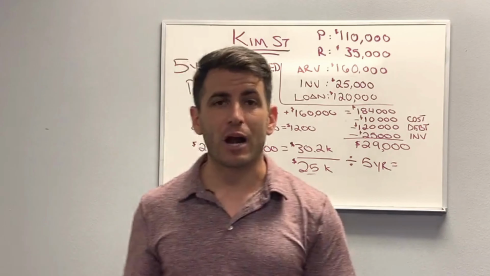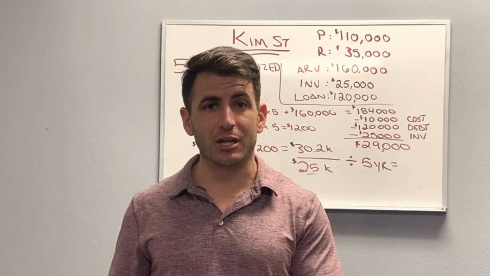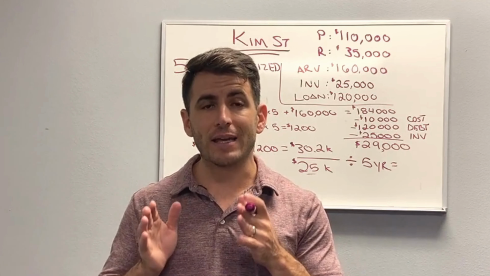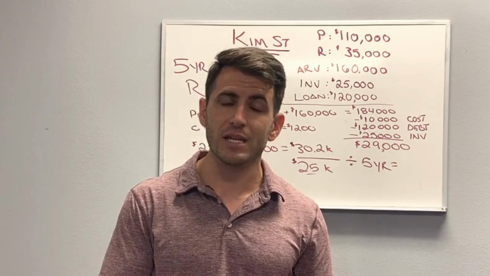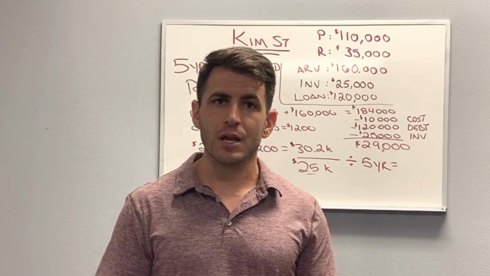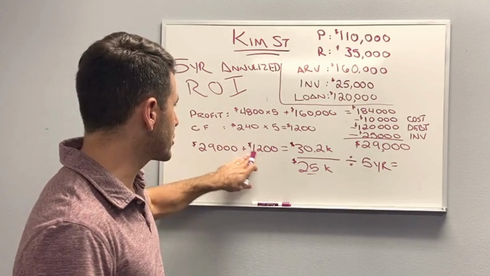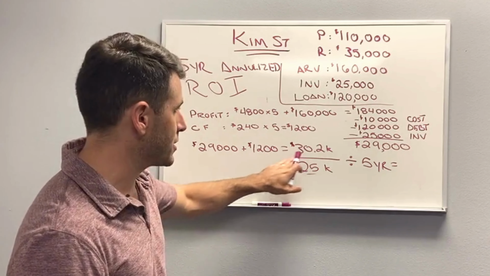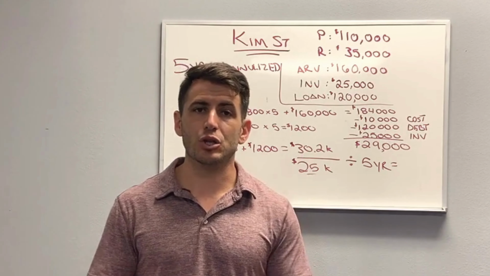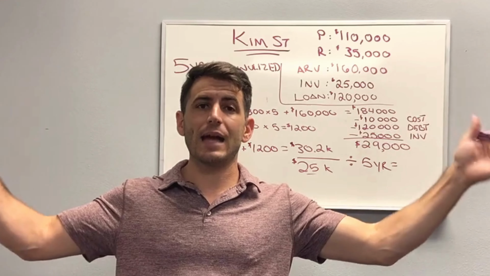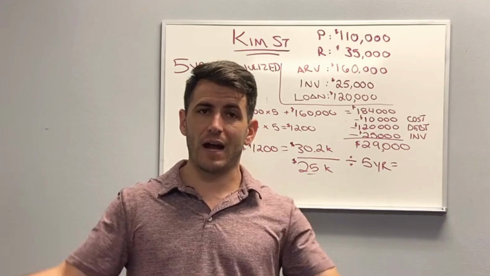Now, that's not my only profit, because remember, I'm getting dog shit Chick-fil-A money. So I'm making $240 per year times 5 years, means that my cash flow, cumulative, would be $1,200, which I add to the $29,000 to come up with $30,200 of total net profit if sold year 5.